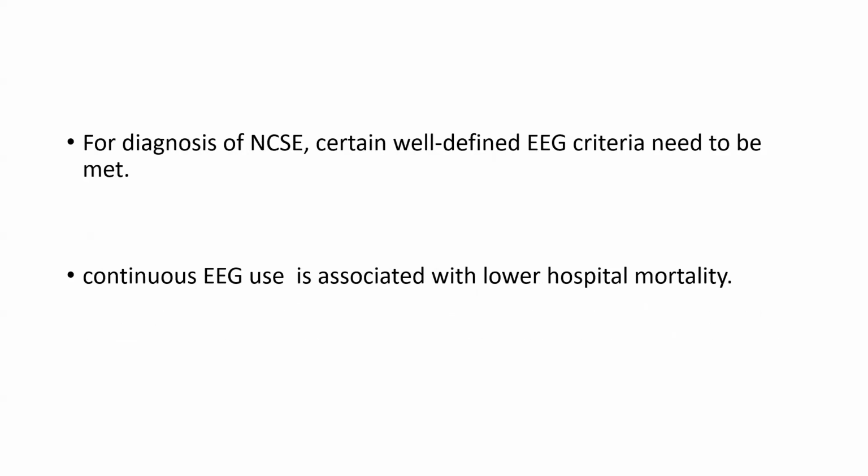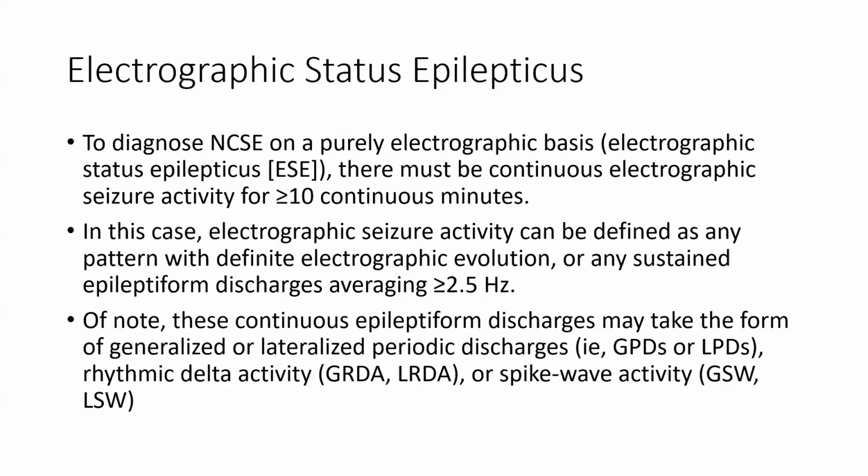For diagnosis of non-convulsive status epilepticus, certain well-defined EEG criteria need to be met. Continuous EEG use is associated with the lower mortality rate. Now, the next terminology is electrographic status epilepticus. To diagnose non-convulsive status epilepticus on purely electrographic basis, there must be continuous electrographic seizure activity for more than or equal to 10 continuous minutes.